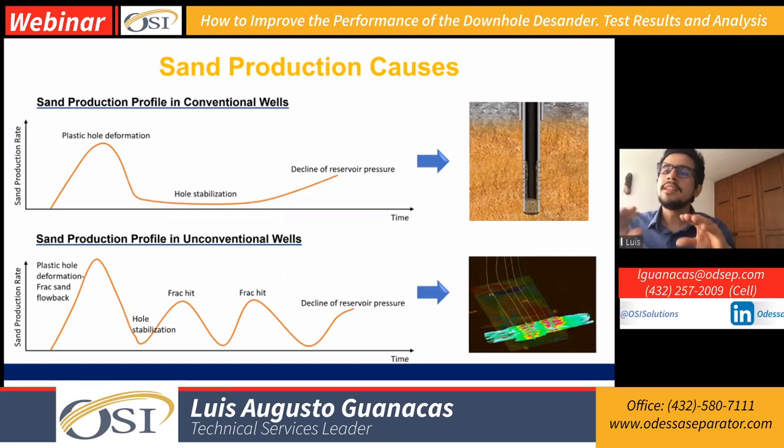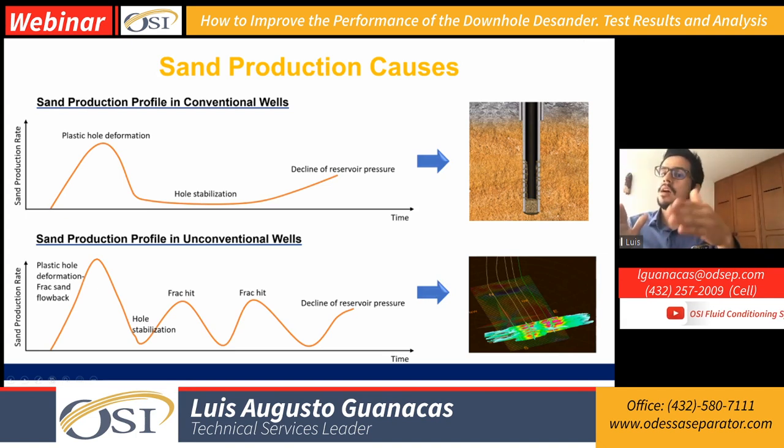Okay, this is the typical profile for sand production in a well, right? In a conventional well, the sand production is going to start from the beginning of the production. We drill the well, and then the formation is going to have a plastic hole deformation, which means we are releasing pressure, and that's going to transport the solids. Then the hole is going to stabilize, and we are going to have a normal trend of sand production, pretty low.